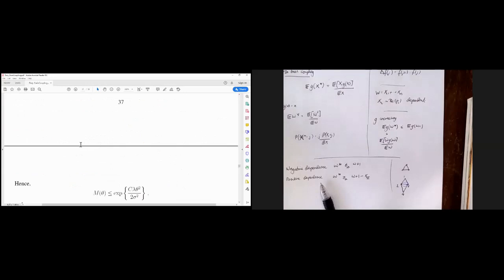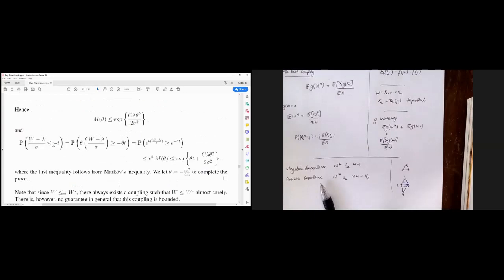But for any negative theta, so that the inequality turns around, I can write down this tail probability in terms of my moment generating function times e to the power theta t. I had an upper bound for this moment generating function. I then just want to choose the value of my parameter theta to make this as small as possible. So I just choose theta to look like that, to give me the upper bound that I want.